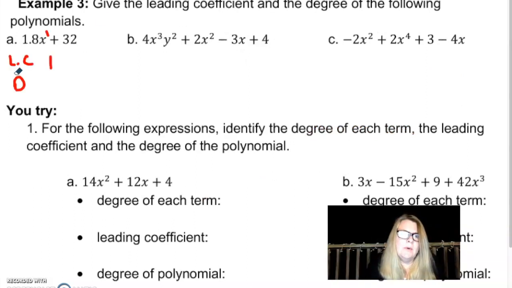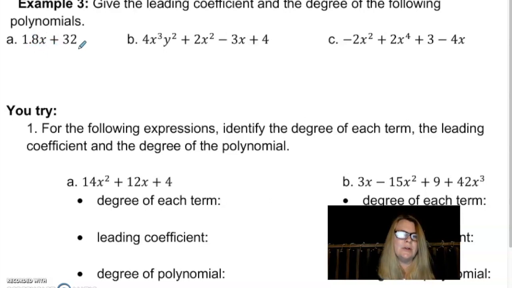Okay, example 3 here. It asks us to give the leading coefficient and the degree of the polynomial. So if we look at this first example, we've got 1.8x plus 32. We want to make sure it's in standard form first. So we go up here and we check the exponent's the understood 1.